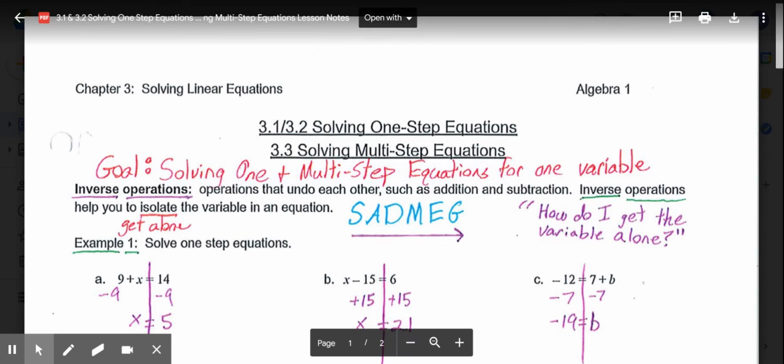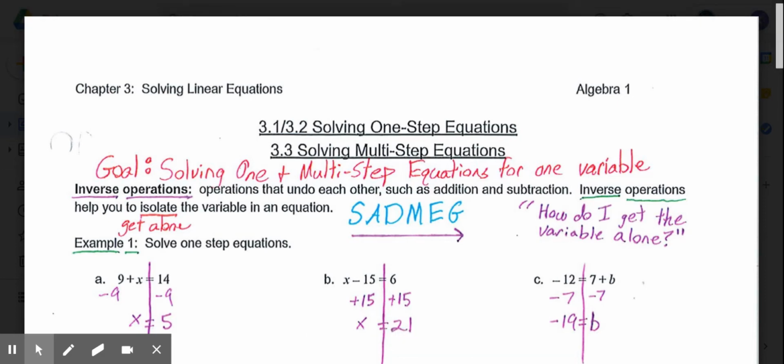So 3.1 and 3.2 are solving one-step equations for a given variable or for an unknown variable. In this case, we're looking at our four main operations: addition, subtraction, multiplication, and division. Instead of splitting into two videos, we're just going to take care of both lessons 3.1 and 3.2 in this video.